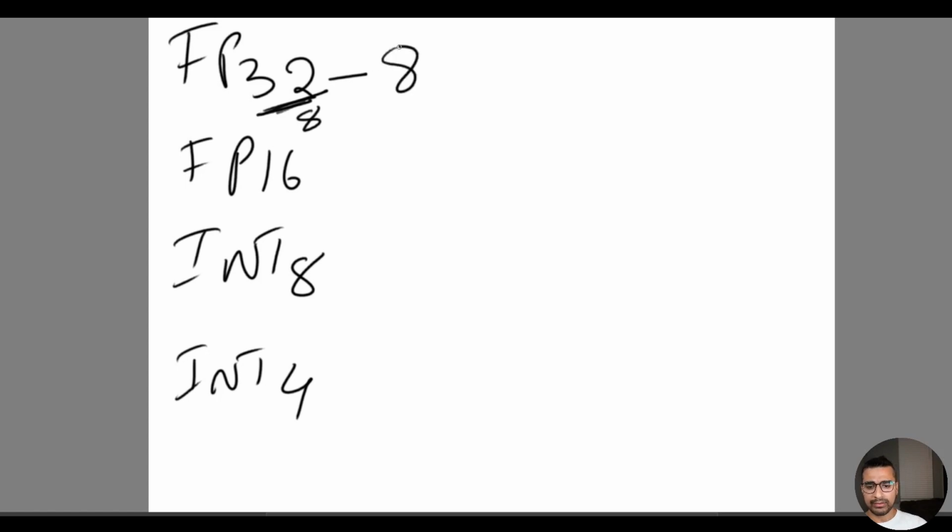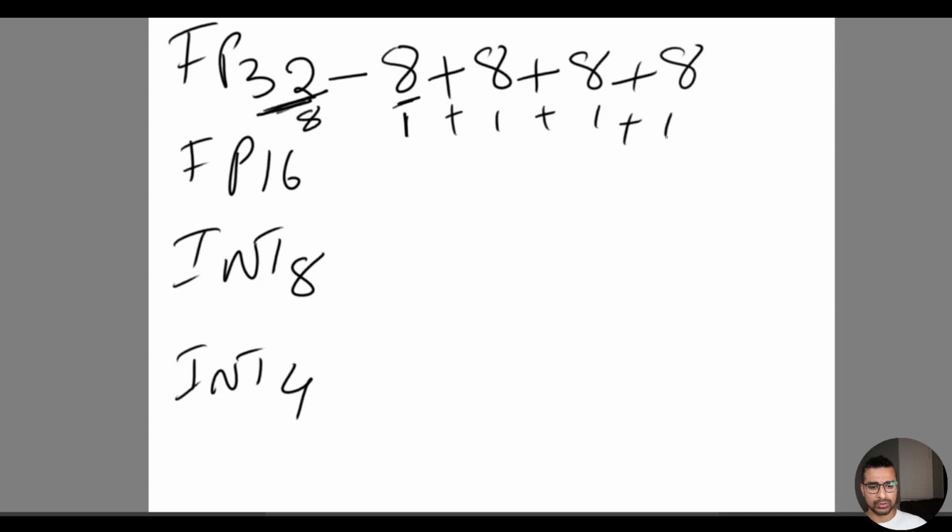It's like 8 bits plus 8 bits plus 8 bits plus 8 bits equals 32, and each 8 bits is 1 byte, so it's 4 bytes. So FP32 takes 4 bytes of your memory.